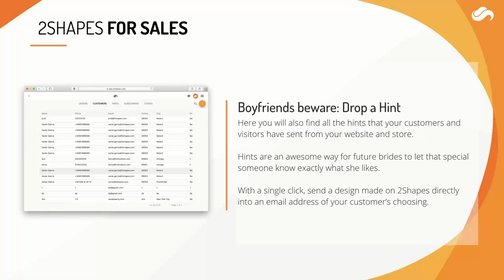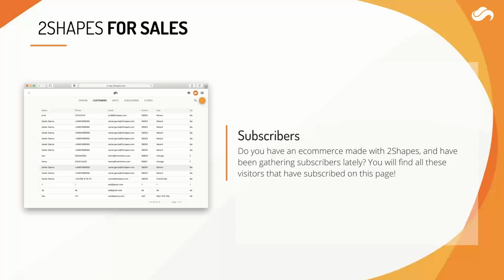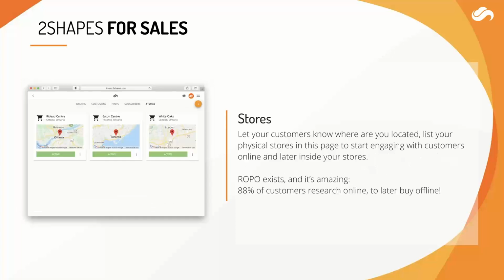You receive it here. The subscribers too: even if you don't use MailChimp, when somebody subscribes on one of your e-commerce sites, it goes to the list. That's really cool. And also the stores: you can define the stores that you have. Why? Because in the e-commerce you can also allow the option to pick up in the store.